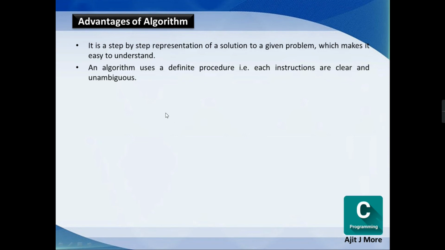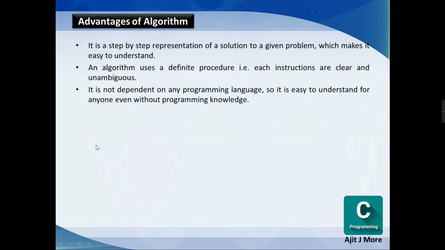Yesterday I gave an example. We will never write in an algorithm a step like this: add 5 to x or y, you decide. Such a statement we won't write. Then while writing an algorithm, which programming language you're ultimately going to use to convert into a program is not in focus.